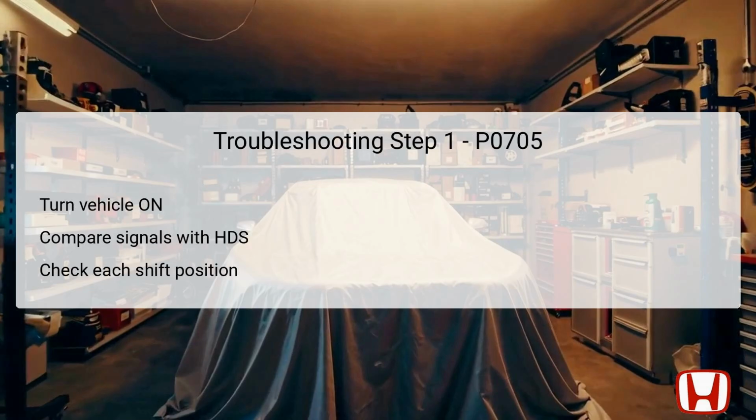The first step in troubleshooting DTC P0705 involves turning the vehicle to the on mode, which activates the vehicle's electrical systems. Utilizing the Honda Diagnostic System, HDS, compare the signals from the transmission range switch for each shift lever position: park, reverse, neutral, drive, sport, and low.